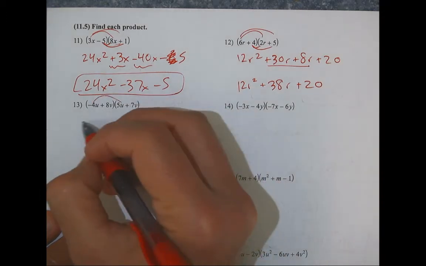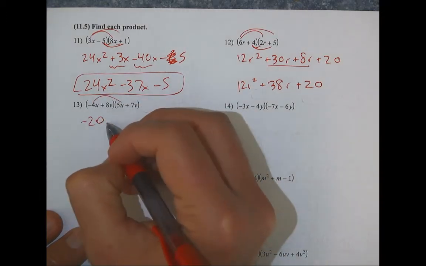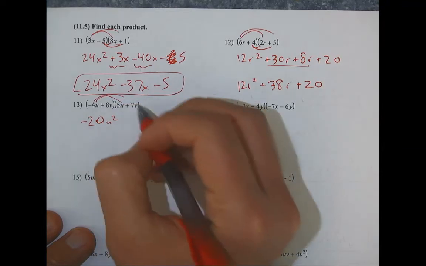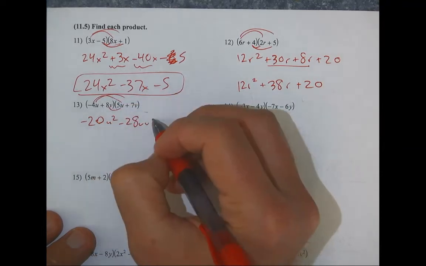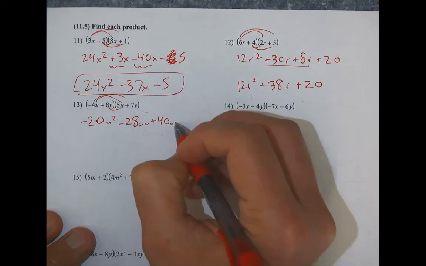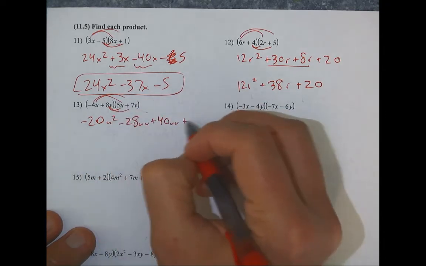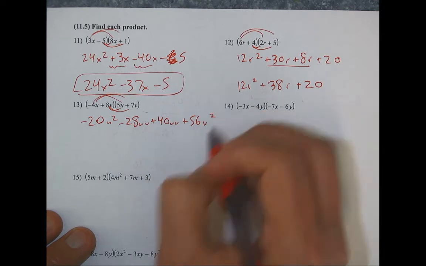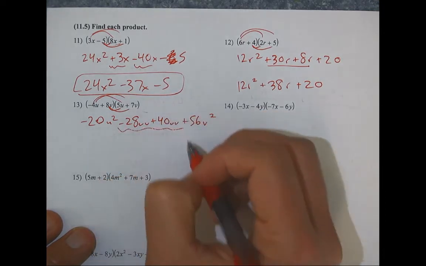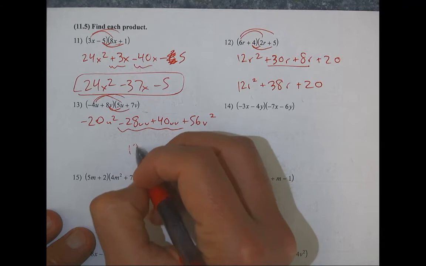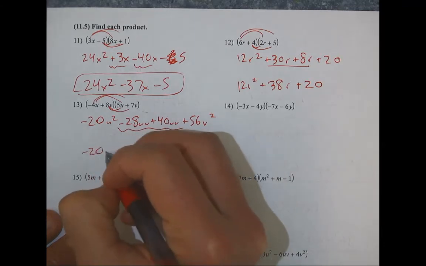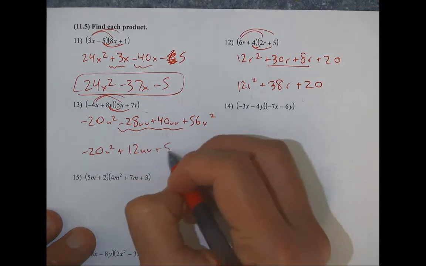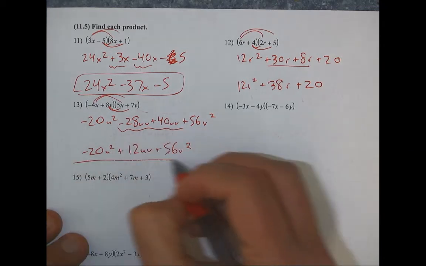Over here, negative 20u squared, negative 28uv, positive 40uv, 56v squared. These will go together. That's 12uv, it's positive. Everything else comes down.